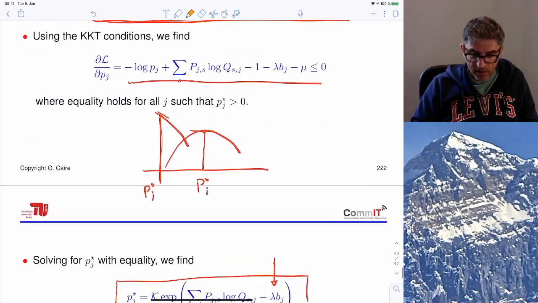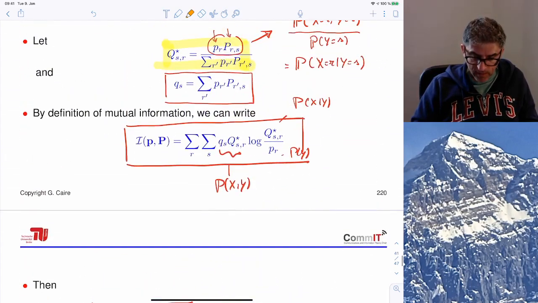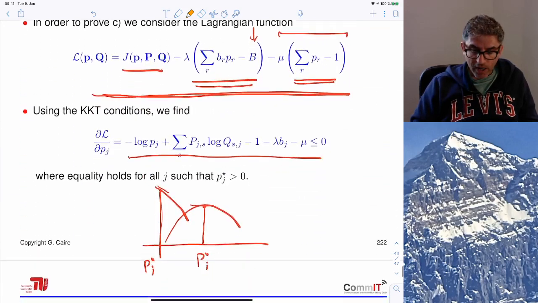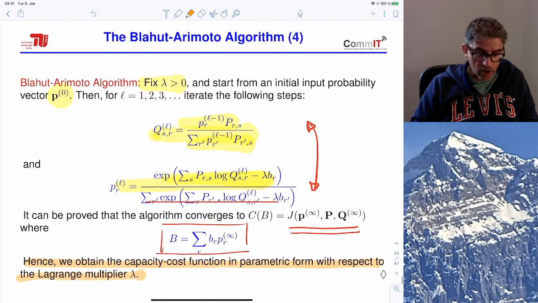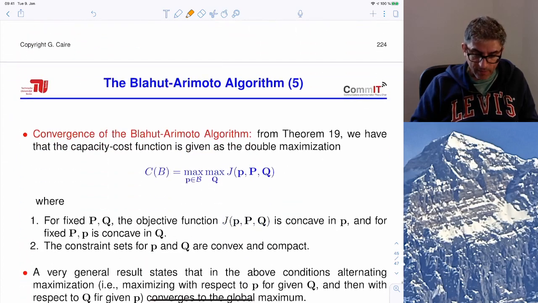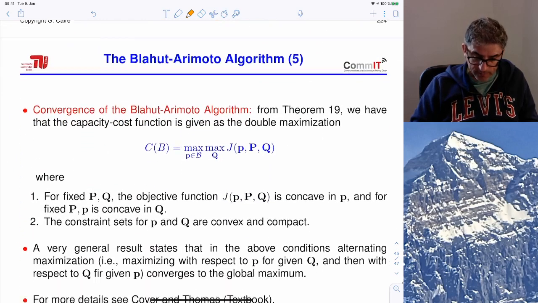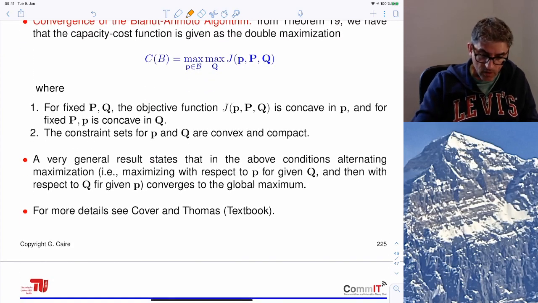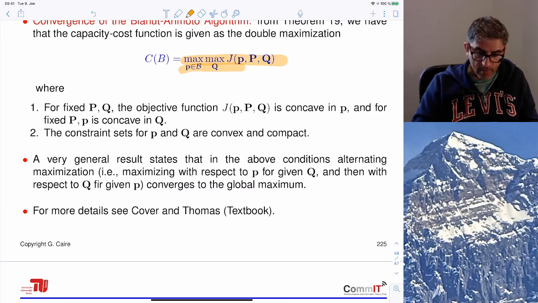You know, this theorem does not necessarily imply the convergence of this alternating maximization, especially starting from any initial point. But there is a general result that says, well, this double maximization has a special structure.